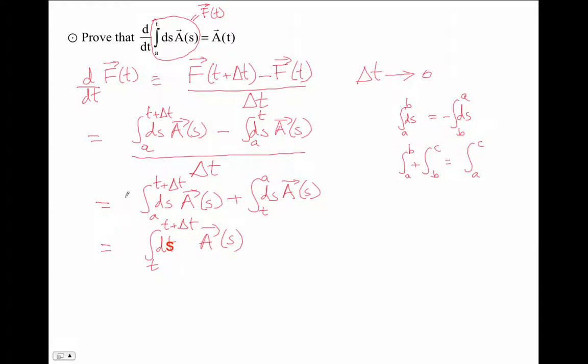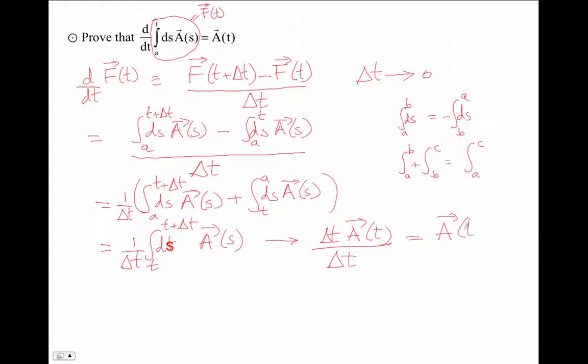Now notice, and of course we have to divide by delta t everywhere, and so there's the 1 over delta t here. Now notice that a has disappeared altogether. The interval of integration is getting smaller and smaller, and so this becomes simply delta t times a of t divided by delta t, and that is a of t.